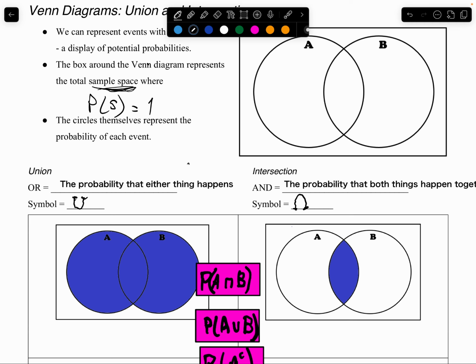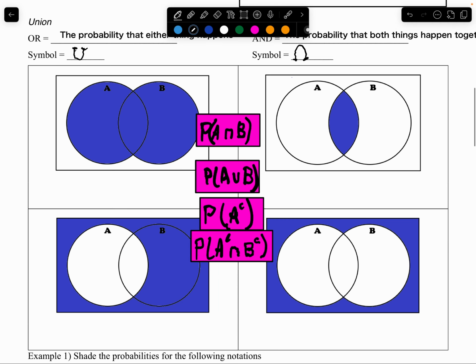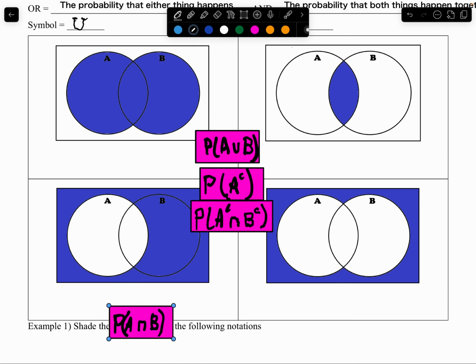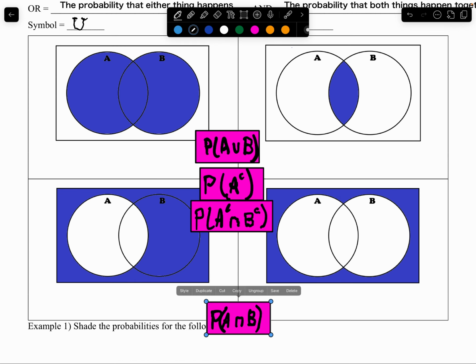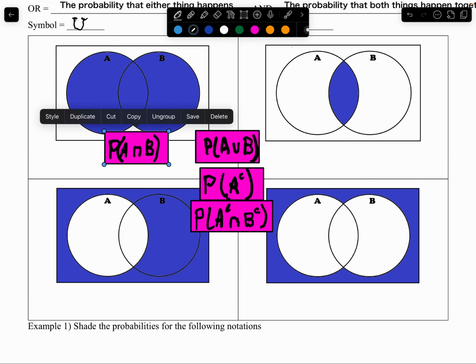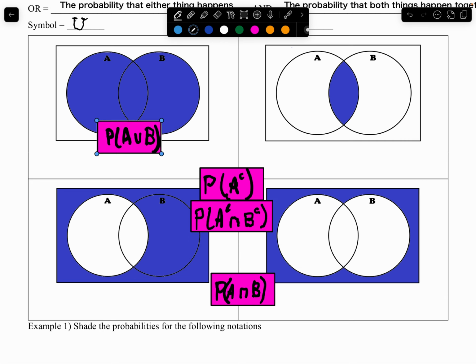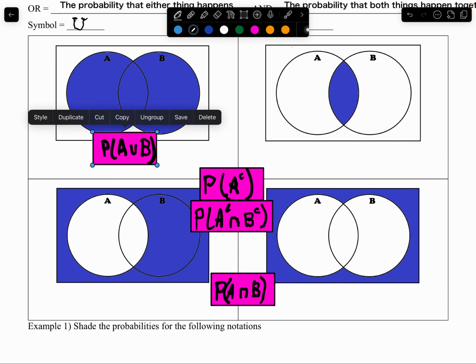That's the and. Now, if we look at these 4 pictures, we should be able to match these boxes with one of the pictures. So the first one I might look at is the first picture that has both the A and the B circles shaded in. Probability that both A and B happen? No. Probability that either A happens, all of A, or the probability that B happens.